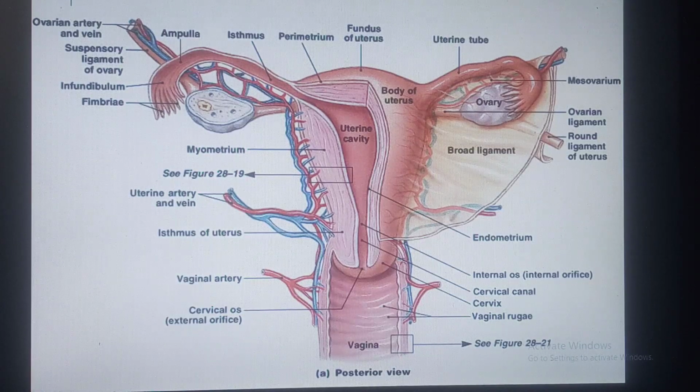And then it will have the adventitia, which will also form part of it. So that is the uterine tube that we are going to find.